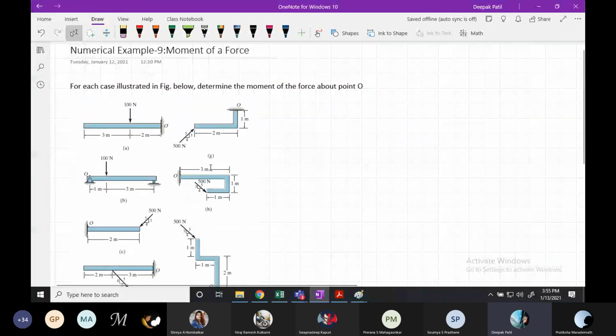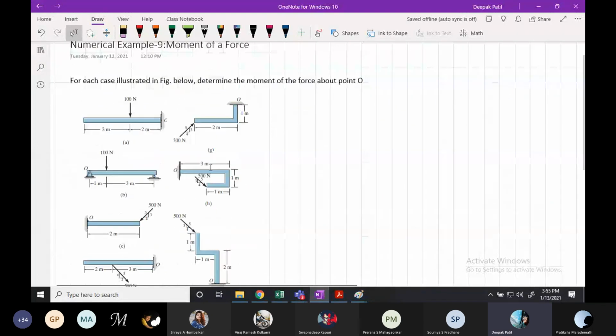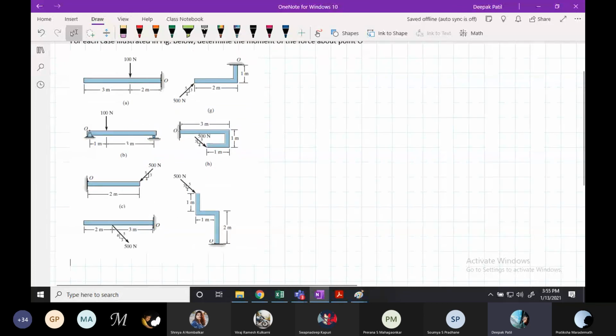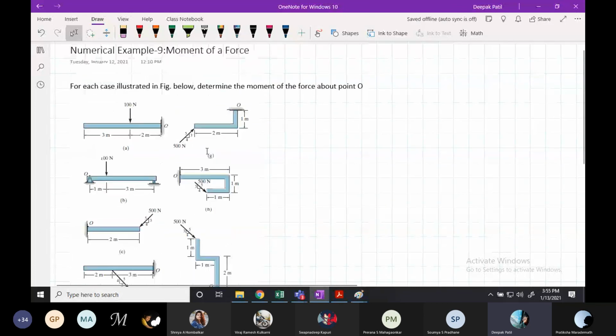What I tell you is this will be your next assignment. In each and every case, you have to find out the moment of force at point O. So no need to write down this one. Immediately after this class, I will give the PDF of this one in the class WhatsApp, along with the notes. This page will also be there.